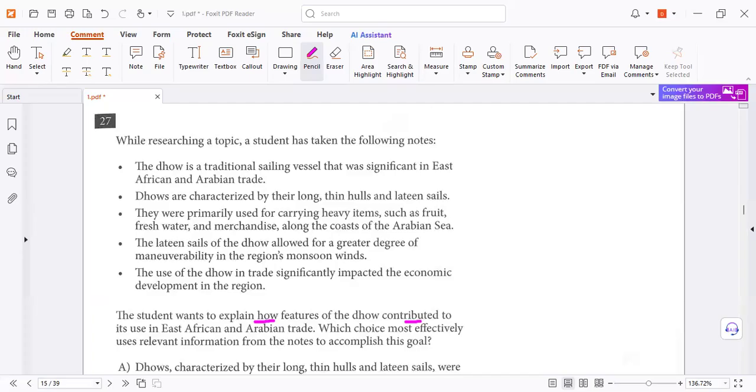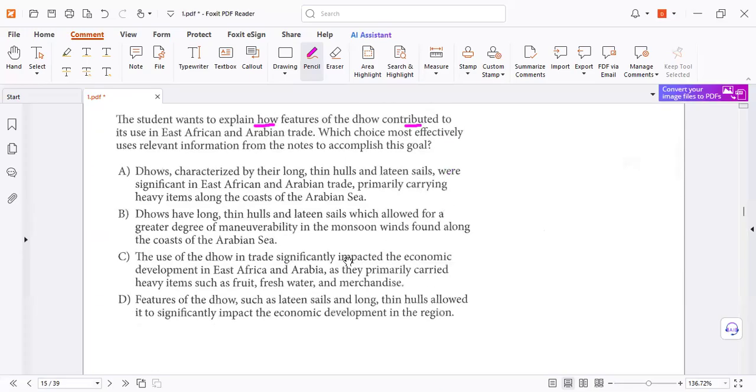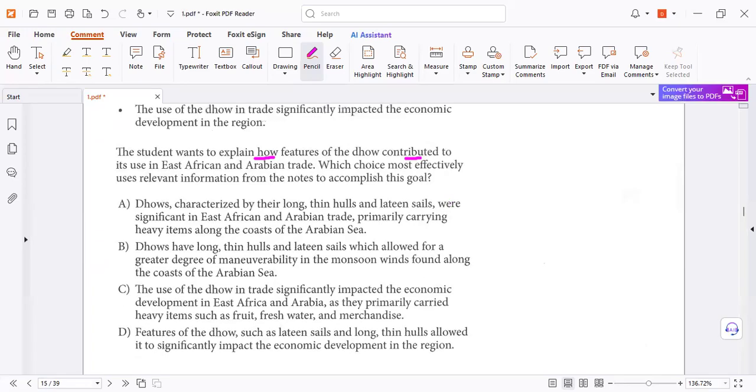A, sir. You want to make it letter A. And the letter A is no, my friend, because it's letter B. The problem is how these features contributed.